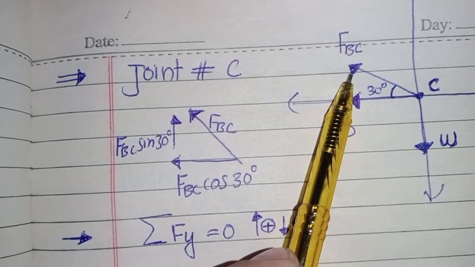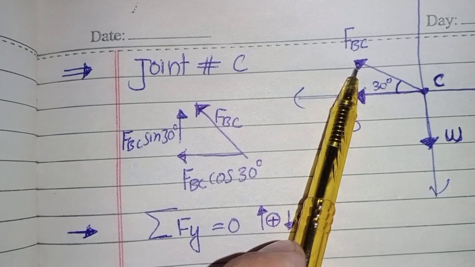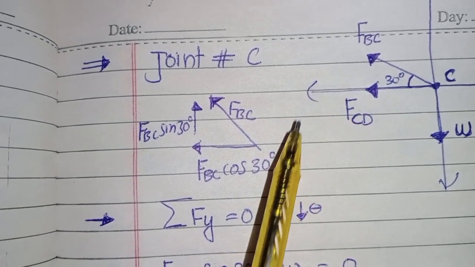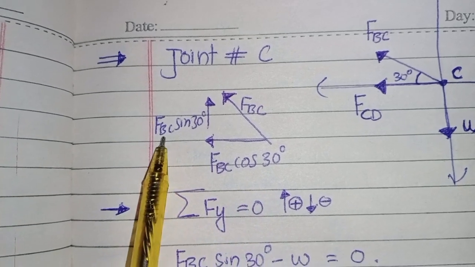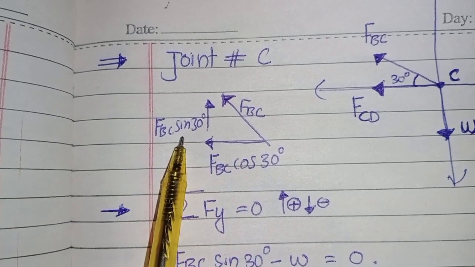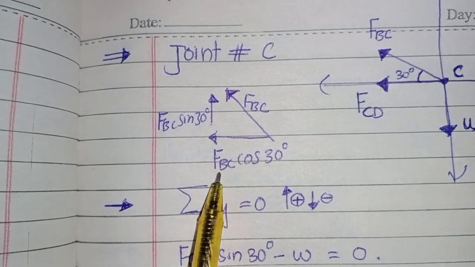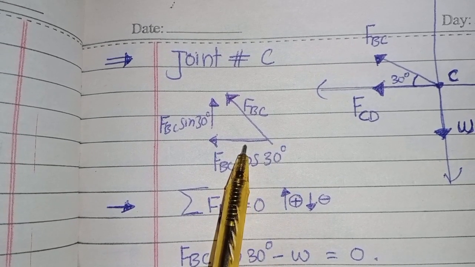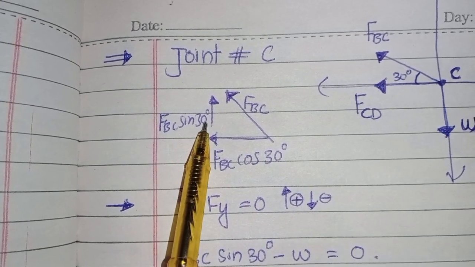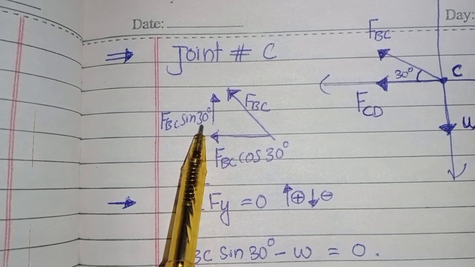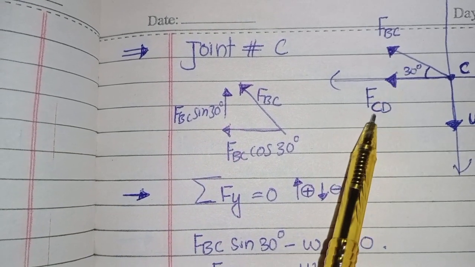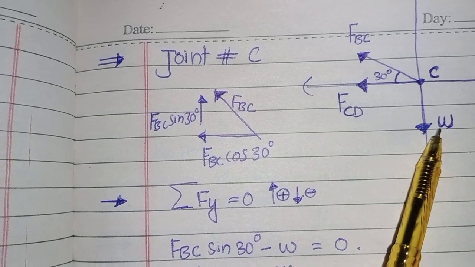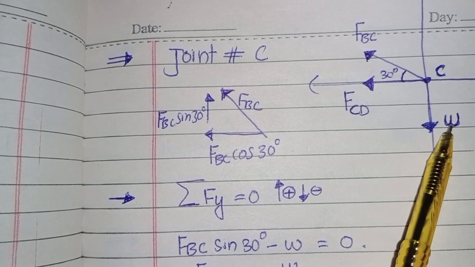First I want to resolve this force into its x component and y component, horizontal and vertical. FBC cos 30 degree is the horizontal component, FBC sin 30 degree is the vertical component. This is another force, FCD, on the horizontal axis, and this is another force, W, the weight at the vertical axis.